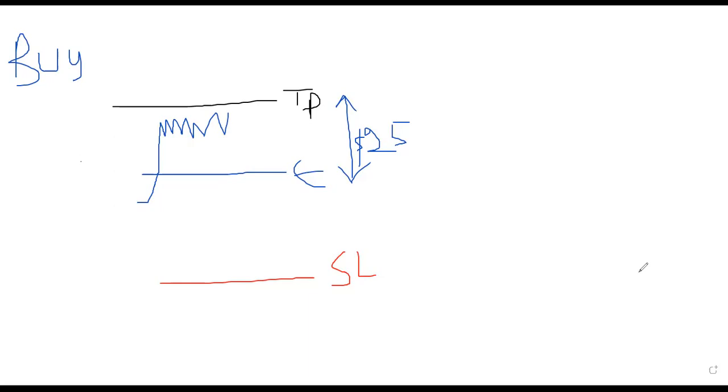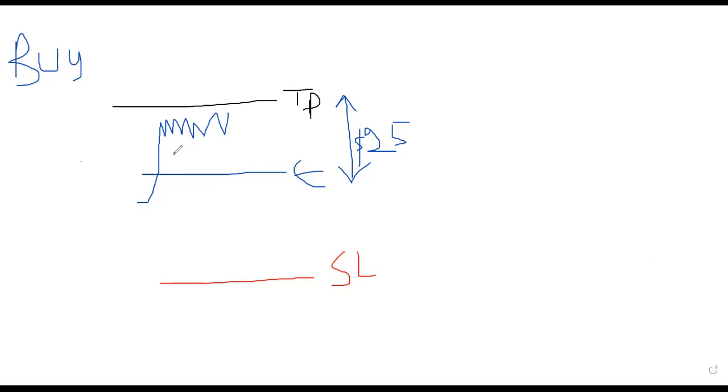I repeat, take profit is a point where the market reaches and the market closes in profit. What is stop loss? Stop loss is a point where the market reaches and the market closes in loss. Let me explain it further.